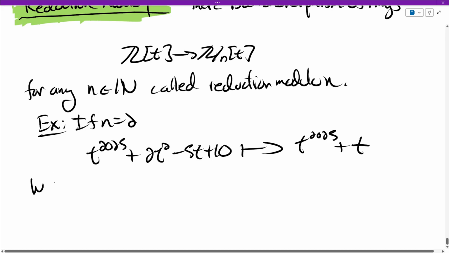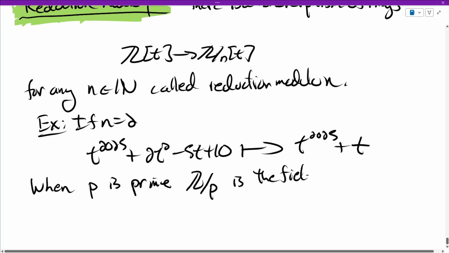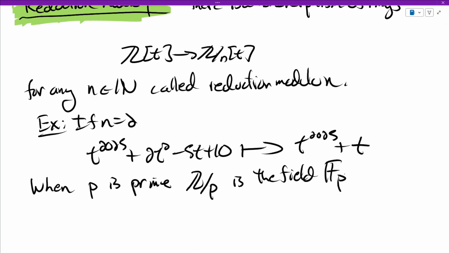When P is prime, Z mod P is a field, and we use F_P to really indicate that it's a field. All it is is Z mod P, but we use F to really emphasize its field properties.